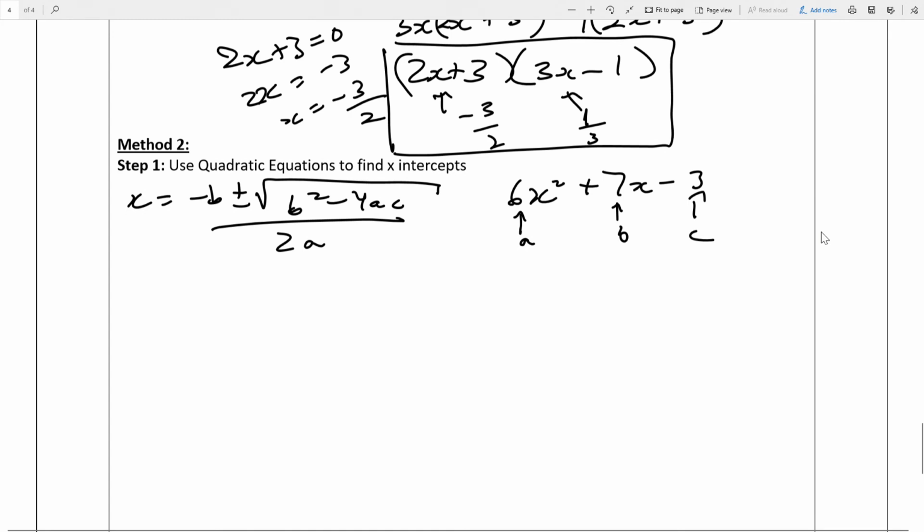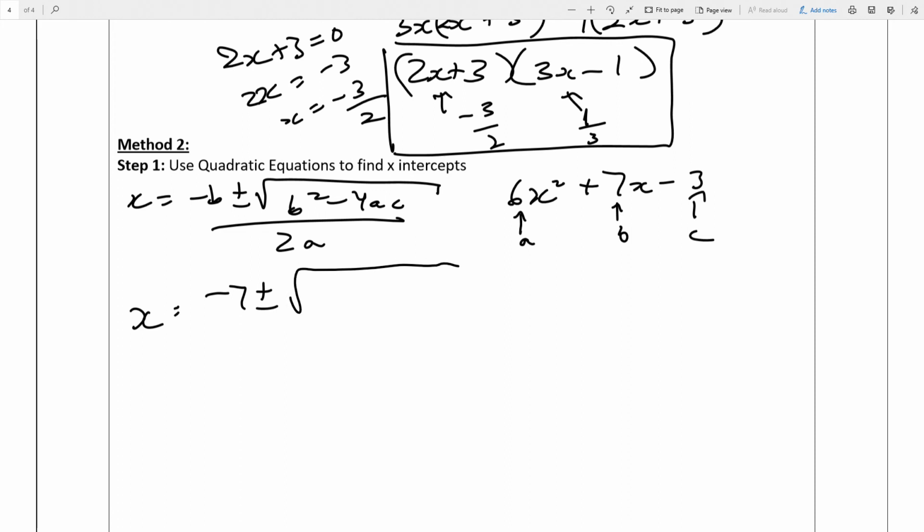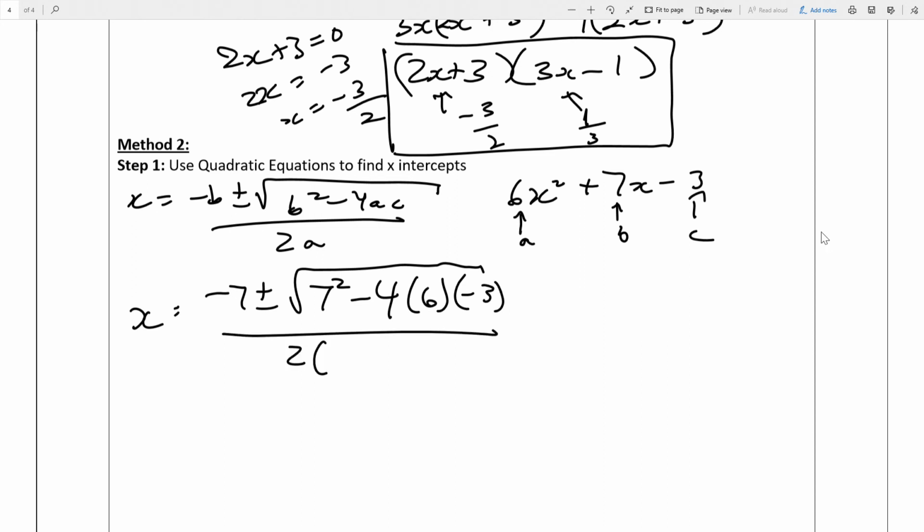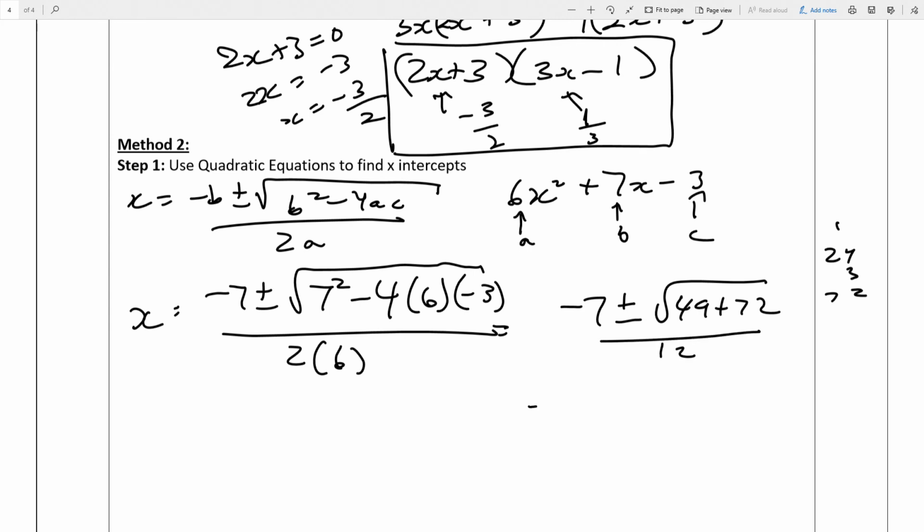So we sub that into the formula: negative 7 plus minus square root 7 squared minus 4 times 6 times negative 3, all over 2 times 6, which equals negative 7 plus minus square root 49 plus 24 times 3, 72, all over 12, which equals negative 7 plus minus square root 121 over 12, which is negative 7 plus minus 11 over 12.